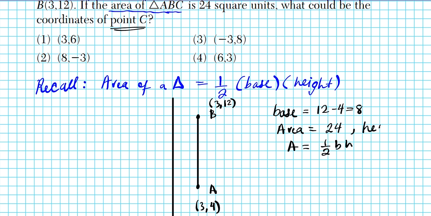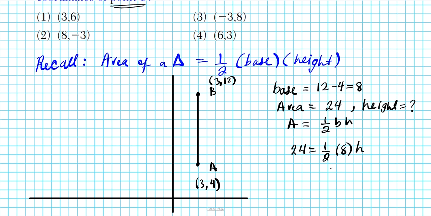So the height is unknown. So we're going to substitute into this equation here, because this is the formula that relates the three measures. So 24 equals 1/2 times the base times the height. Okay? Now let's solve this resulting algebraic equation for h.